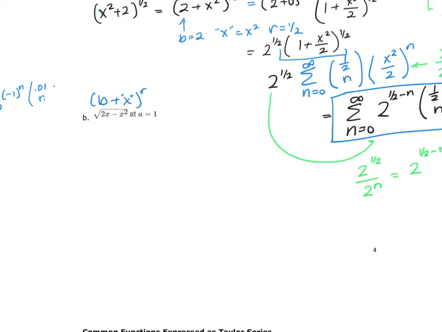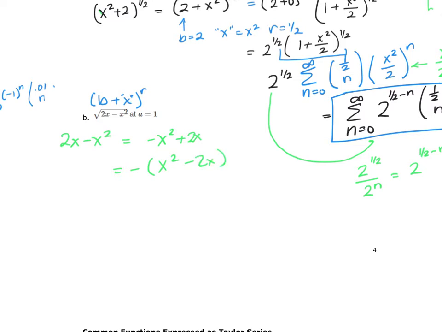So what I see is I don't have anything for the 2x, and that's the problem, the x part. Not the 2, but the x part. So I'm going to focus in on only the 2x minus x squared. Now, this is the same thing as a negative x squared plus 2x, which is the same thing as a negative x squared minus 2x.